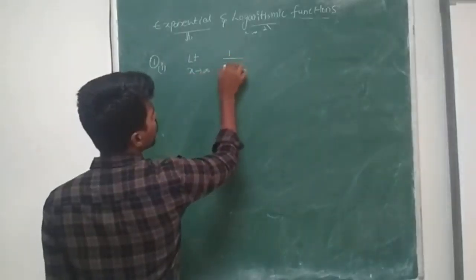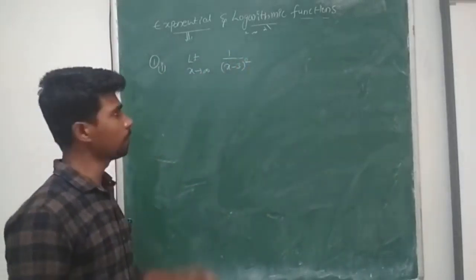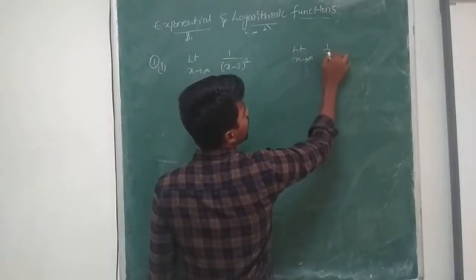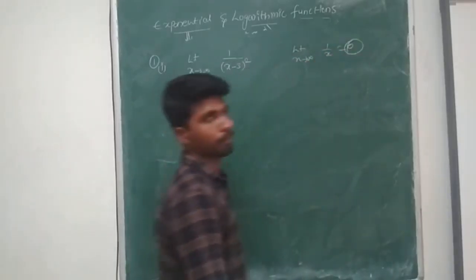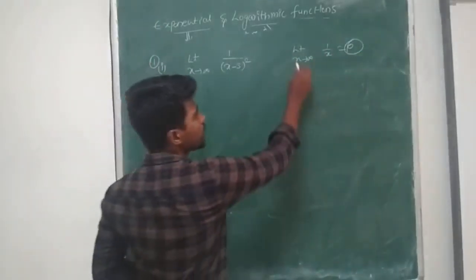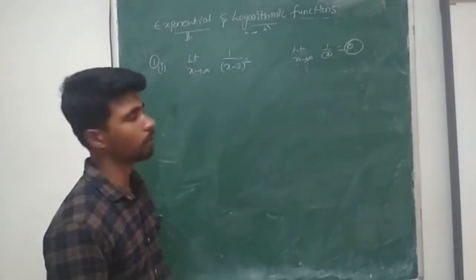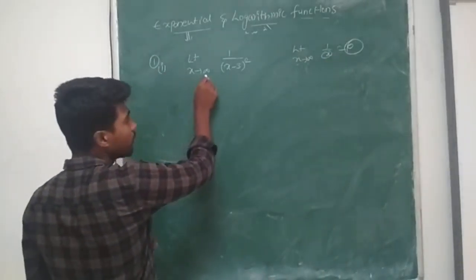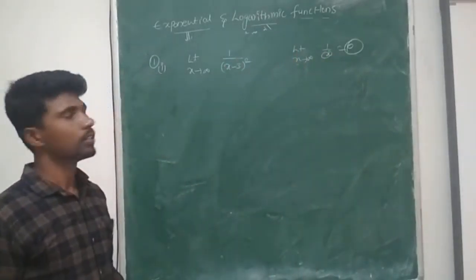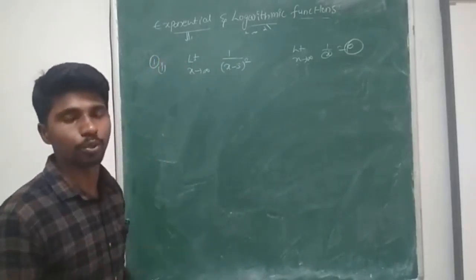Limit x tending to infinity, (1 by x minus 3) whole square. We learned limit x tending to infinity 1 by x is always equal to 0. Coming to this problem, I have x tending to infinity, so 1 by x will be equal to 0. But I have to find (1 by x minus 3) whole square, so I have to make this limit as x minus 3 tending to infinity.